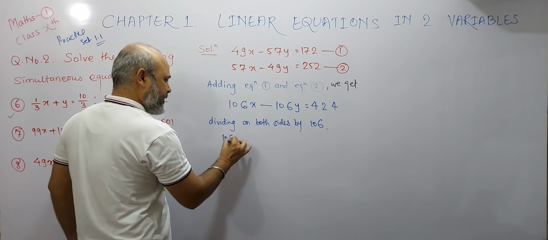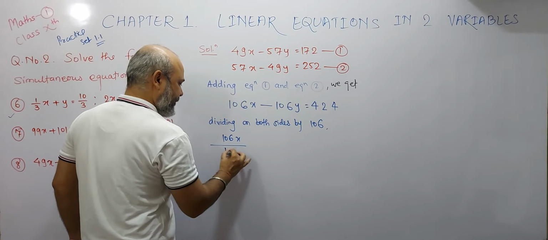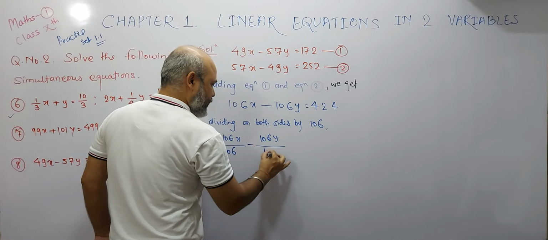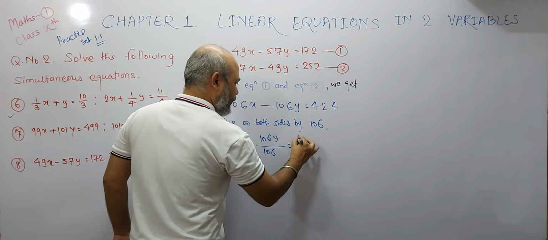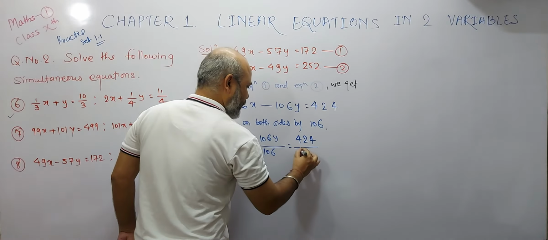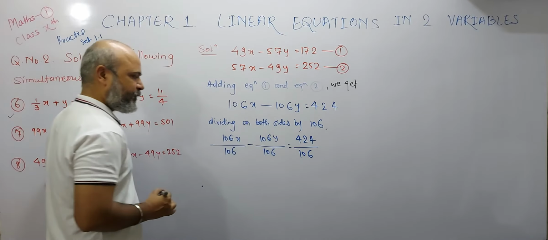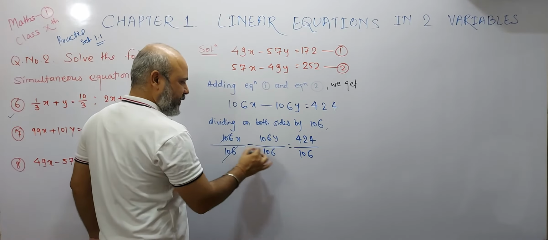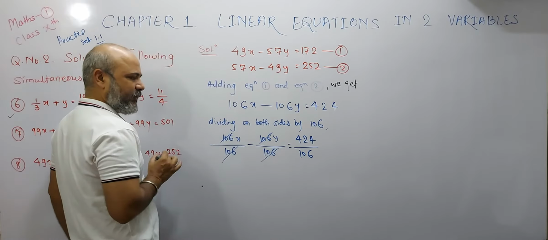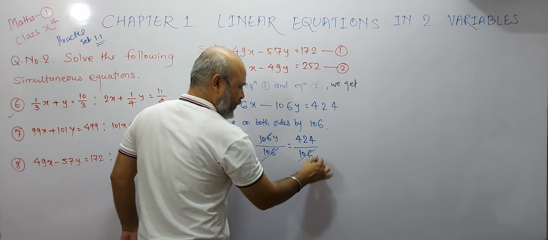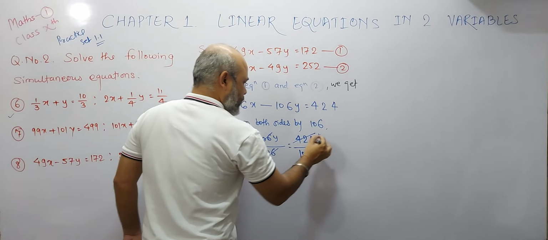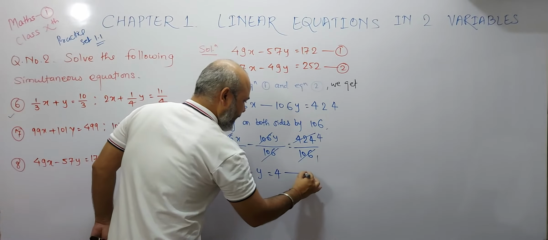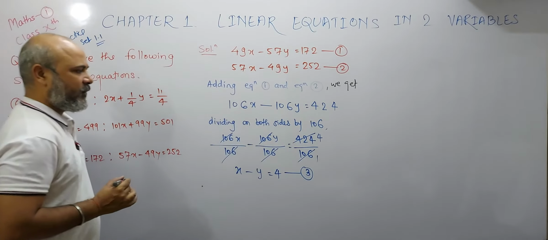So 106x divided by 106 minus 106y divided by 106 is equal to 424 divided by 106. The 106 will cancel out in the first term, in the second term also, and 106 ones are 106 and fours are 424. So you will get x minus y is equal to 4. This will be equation number 3.